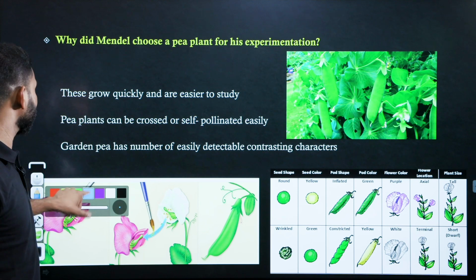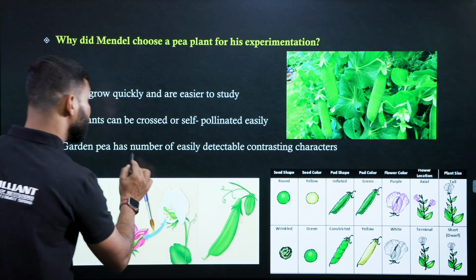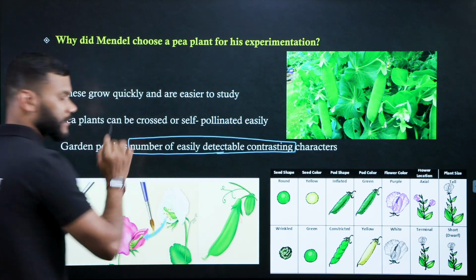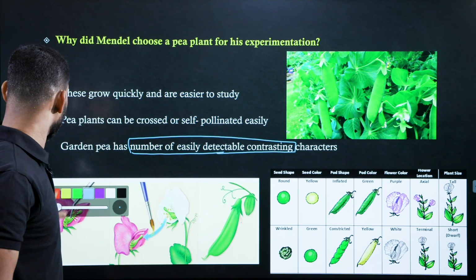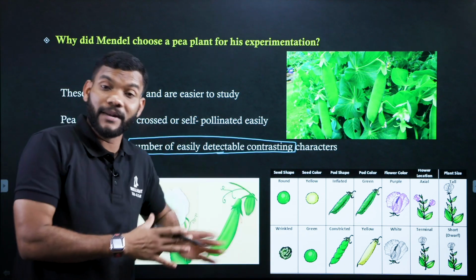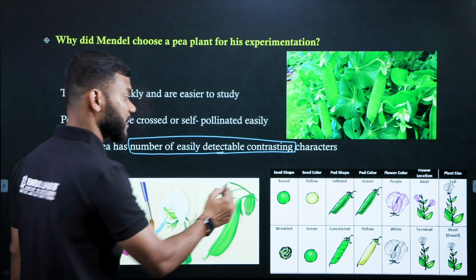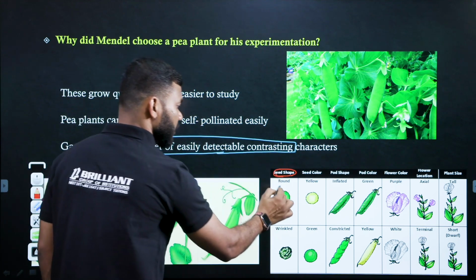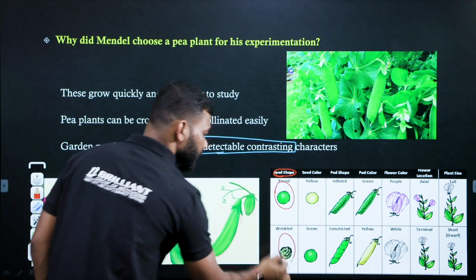Now, what is the third reason? The garden pea has a number of easily detectable contrasting characters, almost 7 pairs. Look here. First pair: the seed shape, round seed and wrinkled seed.